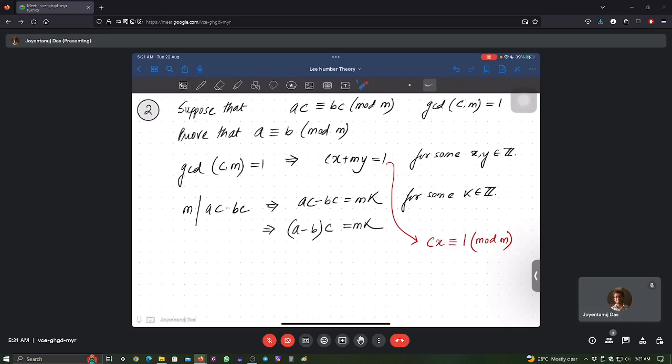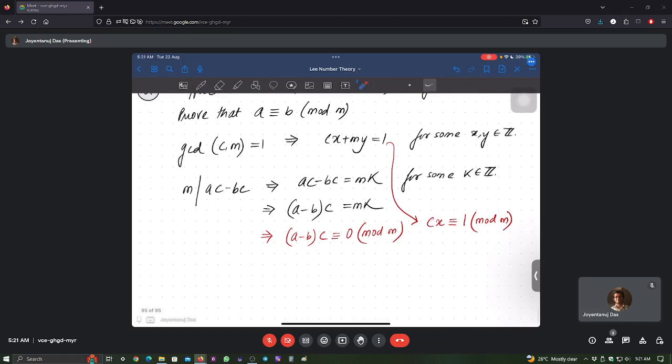So here, what you can do is, this equation also, if I apply modulo M, is congruent to 0 mod M, because it is divisible by M. It becomes 0.